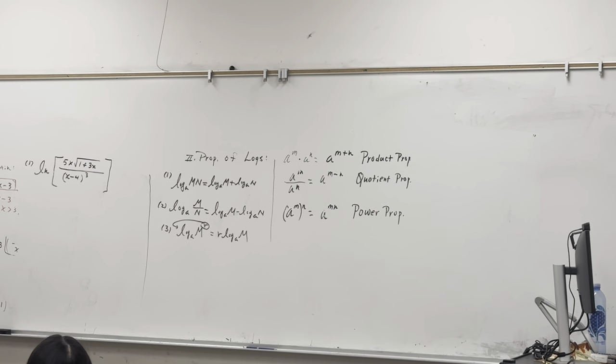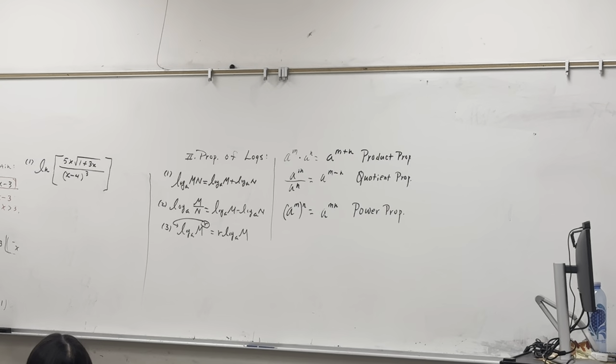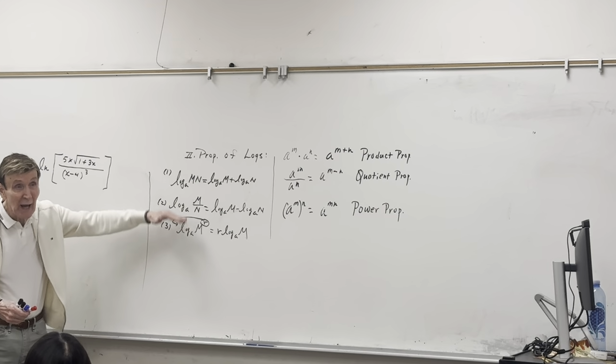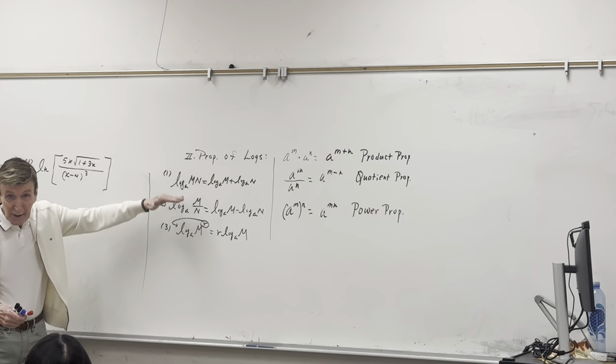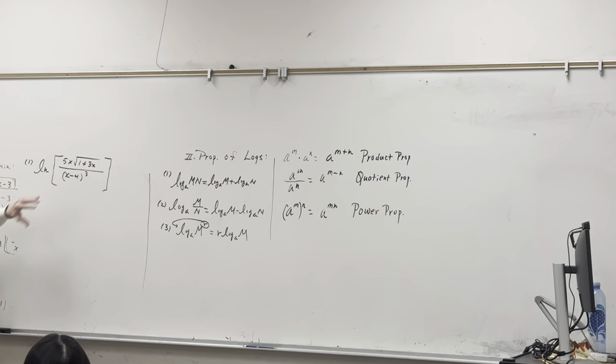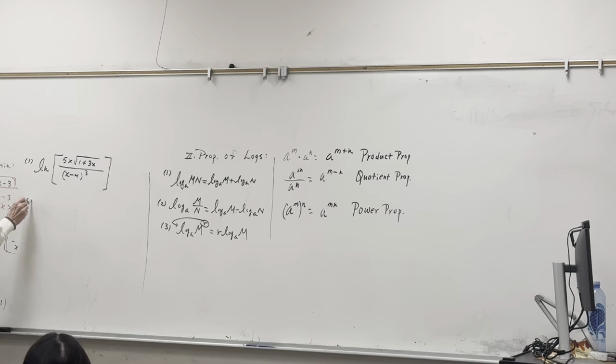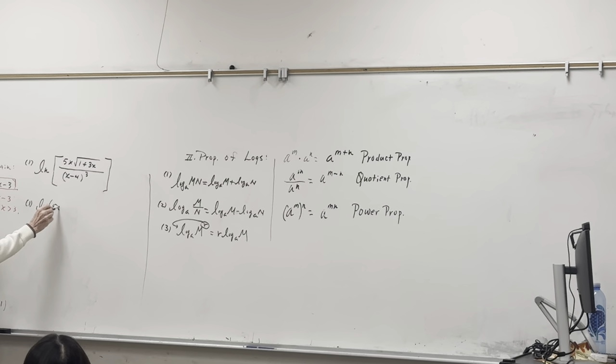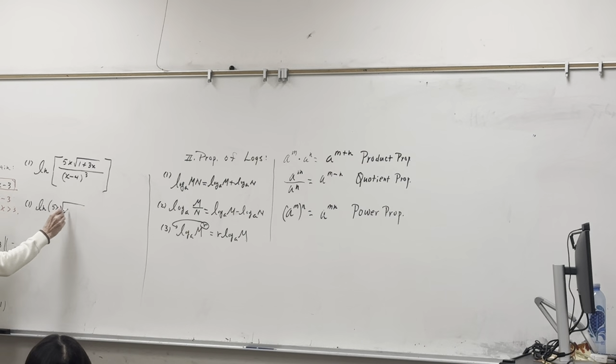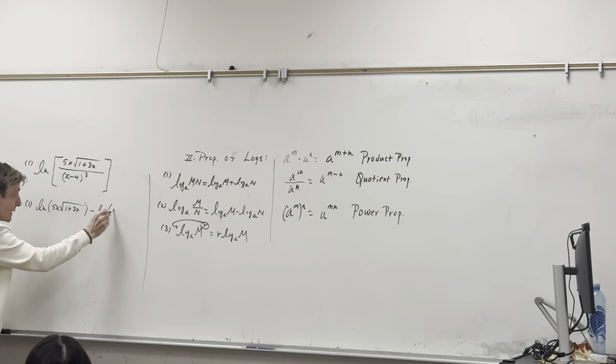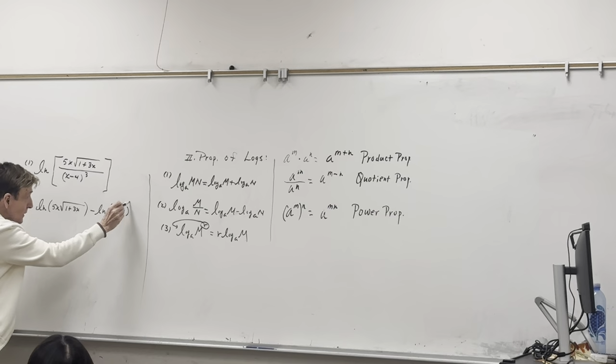Now, the way it's presented to me, which of these three properties looks like it should be applied first? Product, quotient, power? Quotient. The entire problem is a quotient. So we use the quotient property, and that tells me to write ln of 5x times the square root of 1 plus 3x, minus ln of (x minus 4) cubed.